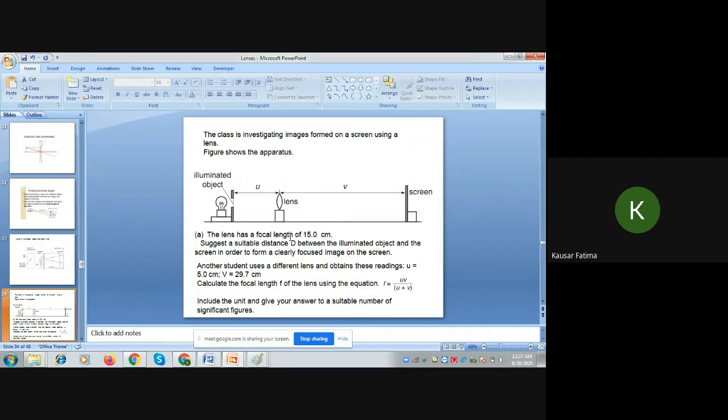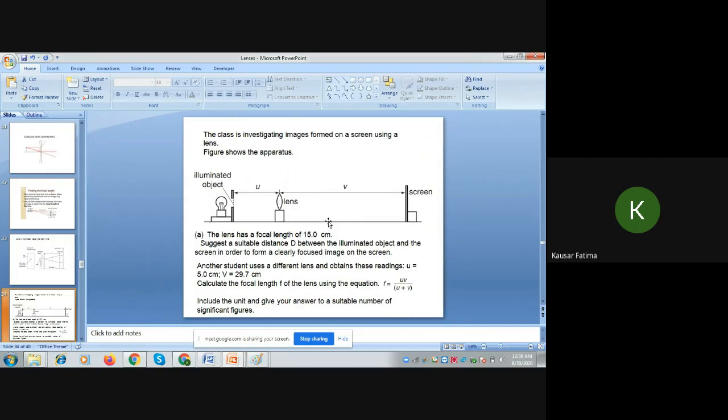Now you notice this is 15 centimeter. It means the object has to be beyond the focal length so that a real and inverted image is formed on the screen. Suppose this distance is 20 centimeter, so the object is placed beyond the focal point, and 20 on the other side.